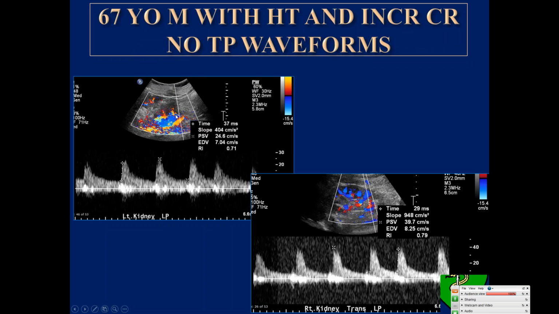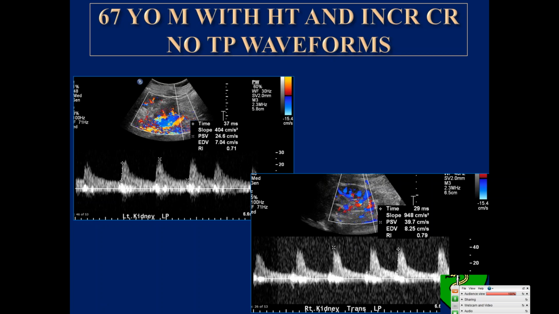However, distally, in the segmental vessels, the waveforms were not really Tardus parvus waveforms, and it's okay sometimes not to see a Tardus parvus waveform, because Tardus parvus waveforms are very specific but not necessarily sensitive. So even in the presence of significant stenosis, Tardus parvus waveforms may not be seen.